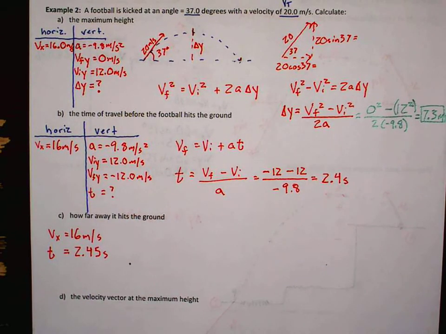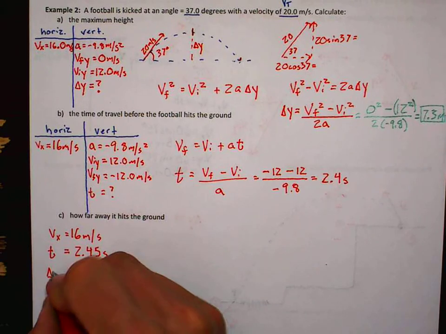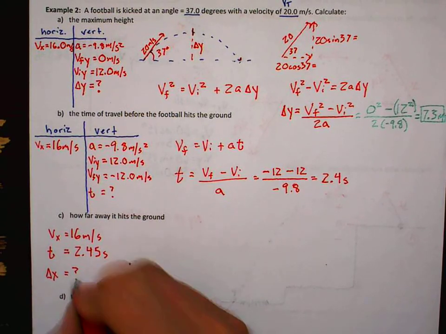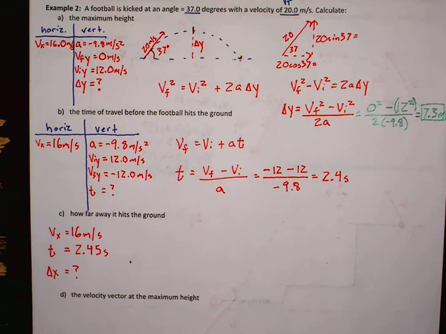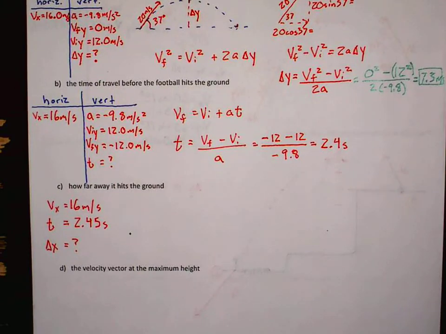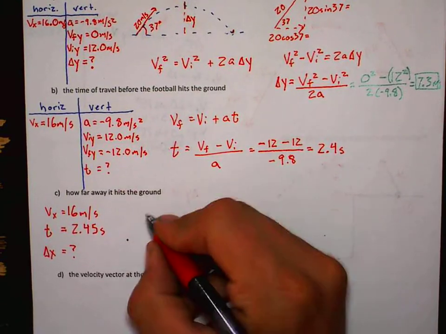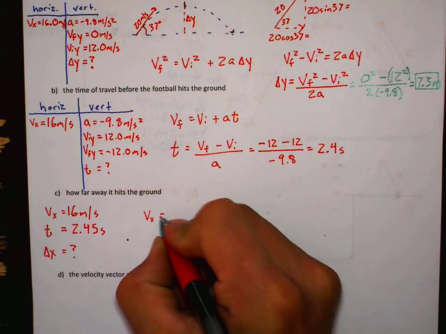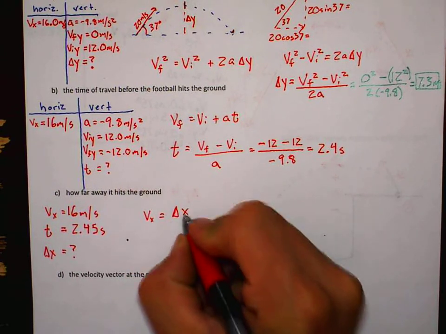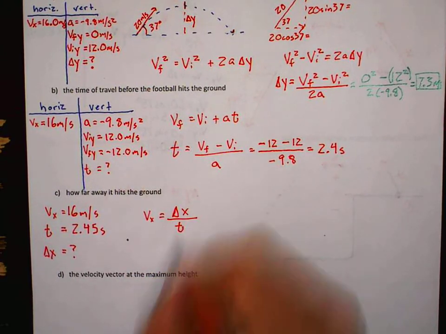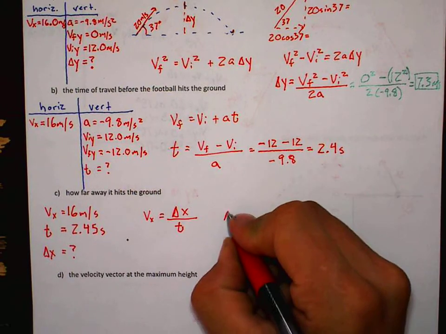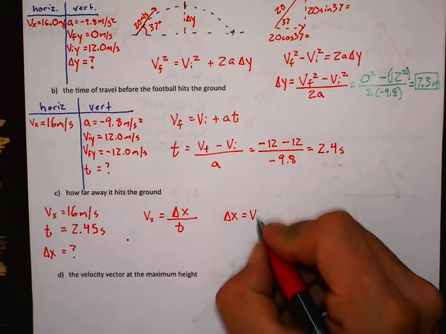Okay, and we want to find delta x. This part's real easy. Horizontal, super simple. There's only one equation you can use. On your equations page, it looks like this. Okay, if we want to find delta x, it looks like this.